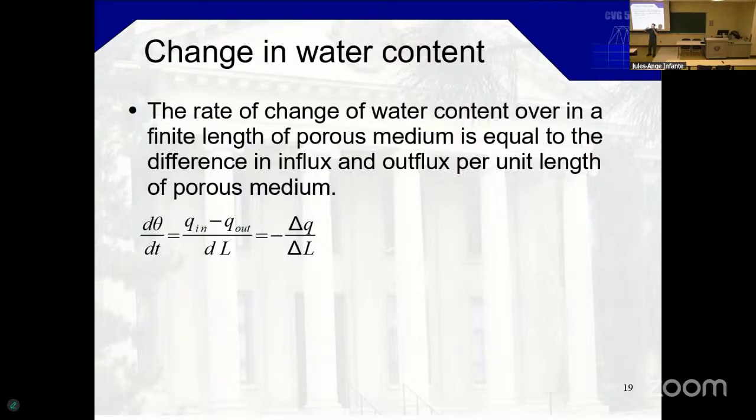So we have a flow coming in, minus flow coming out over an element, over a length of soil, okay, will give us the change in volume basically over time.